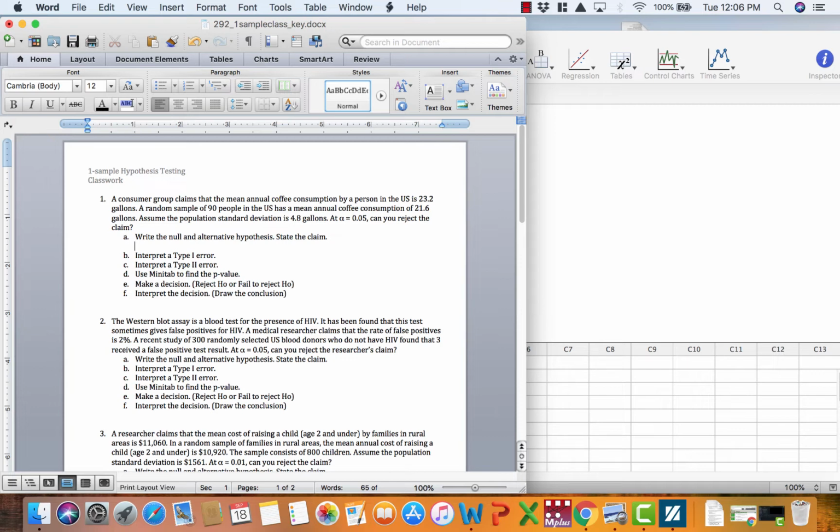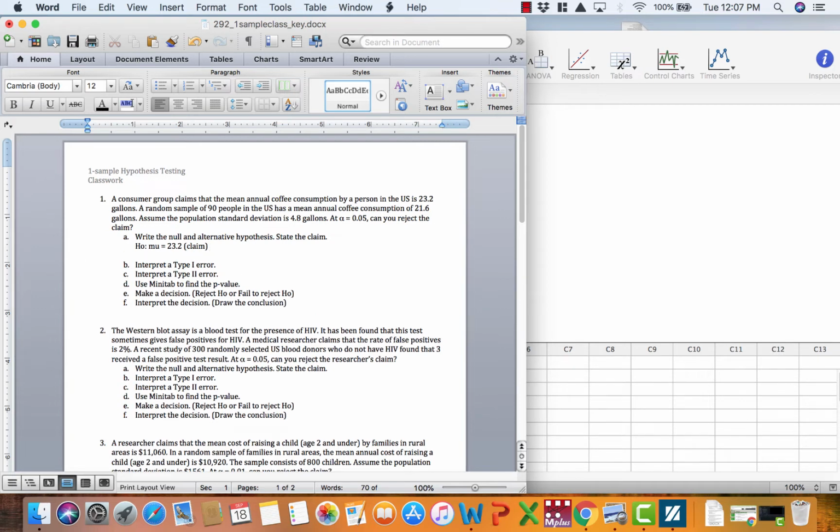All right, so because it is equals, it is stating equality, that's going to go into the null. All right, so we have our null is mu equal to 23.2, and that is the claim because that is what we're reading.